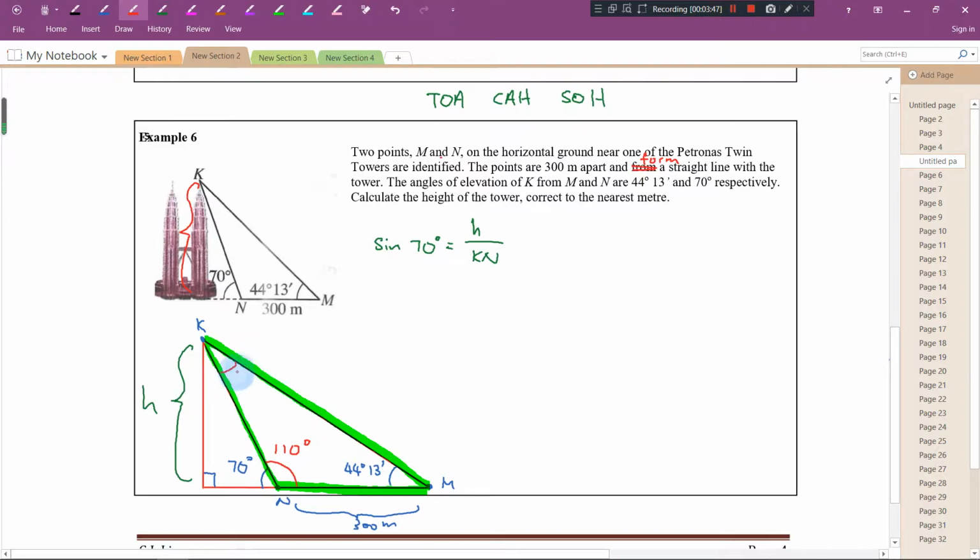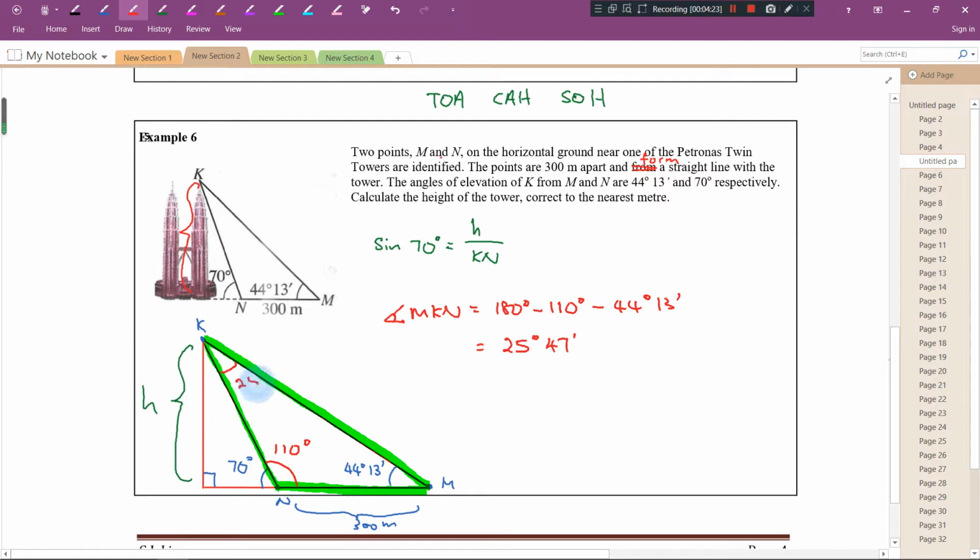So if I want to get this angle, it will be very easy. Angle MKN is equal to 180 degrees minus 110 degrees minus 44 degrees 13 minutes. Just use our calculator to get the answer. It is 25 degrees 47 minutes.